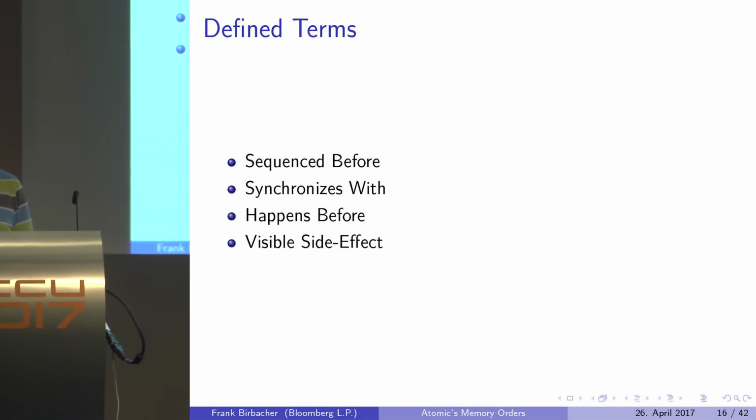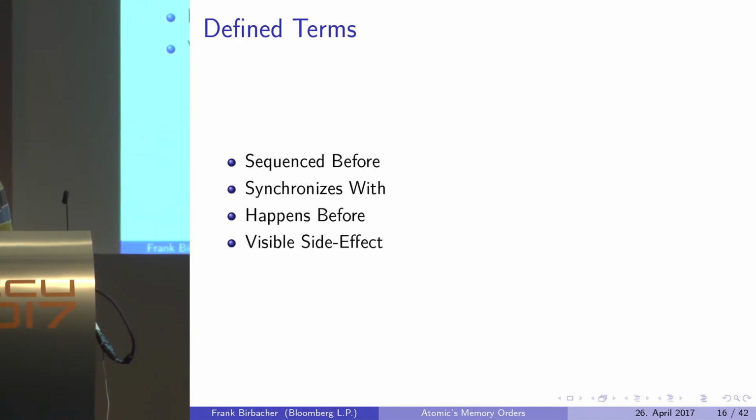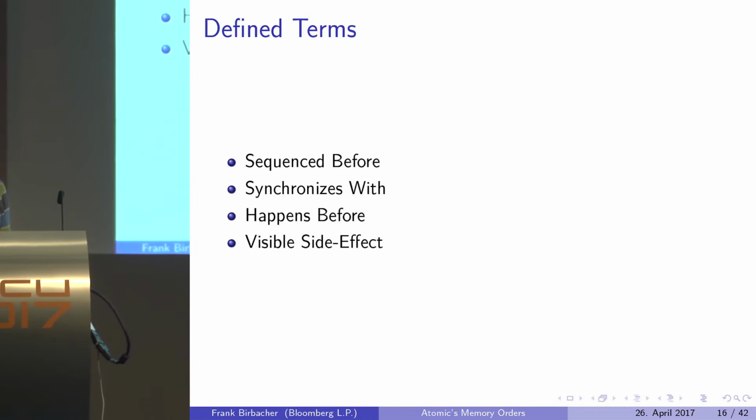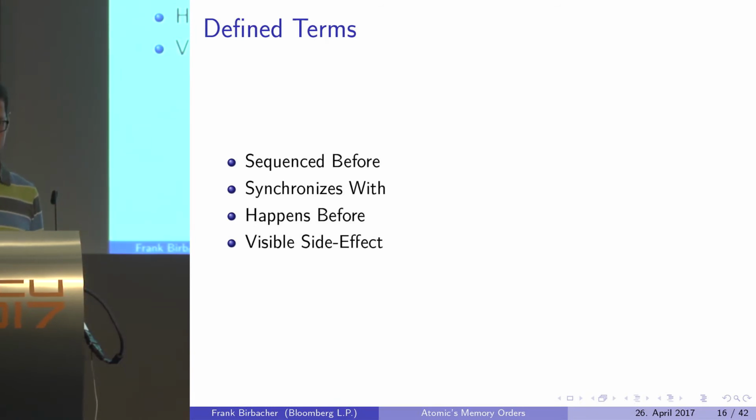I'm going to show you, don't worry. And if you combine both ideas, then you can explain what happens before means, which gives a partial order to things that happen before others, and therefore give you a visible side effect of one thing happening in one thread, make it visible to another thread. Okay? These are like the terms.